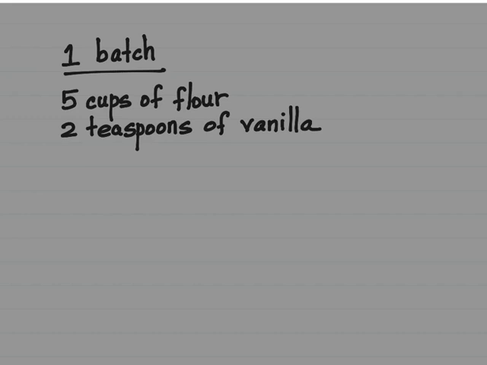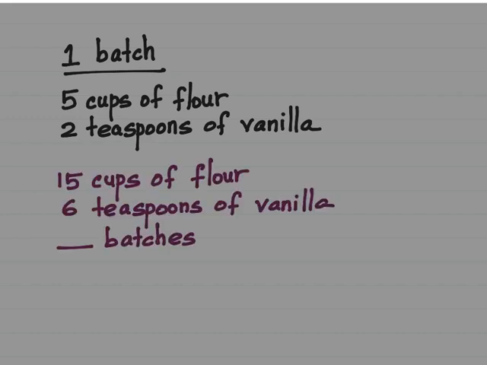To make 1 batch of cookies, we need 5 cups of flour and 2 teaspoons of vanilla. How many batches can you make with 15 cups of flour and 6 teaspoons of vanilla? If you compare these two, the value is 3 times greater.